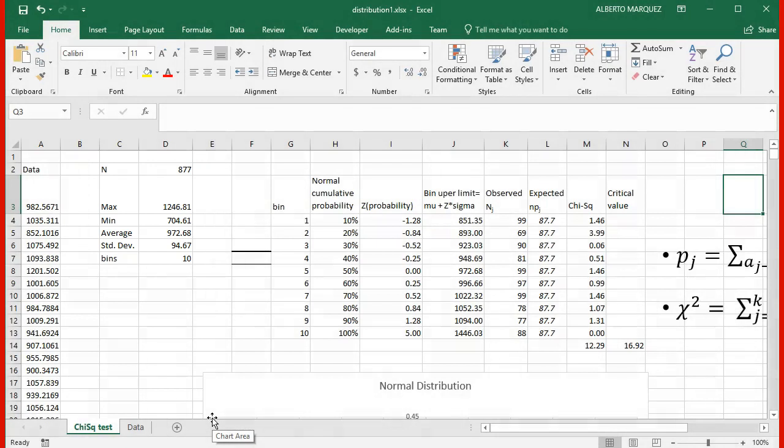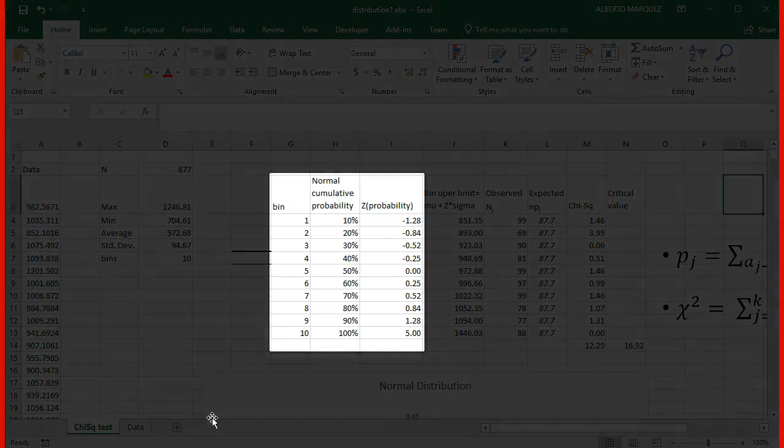We will create a histogram where all the bins have the same probability of happening, and because we want to compare if this data is normally distributed, even when the bins have the same probability of happening, the bin width will be different.